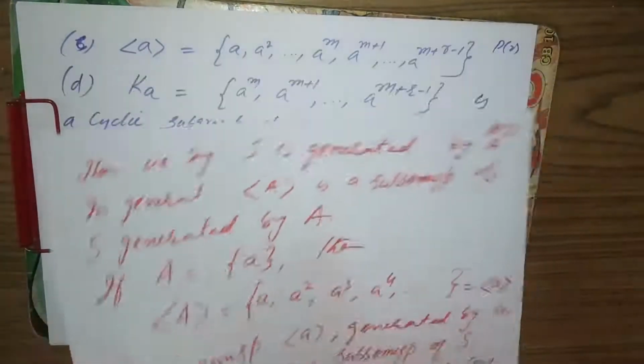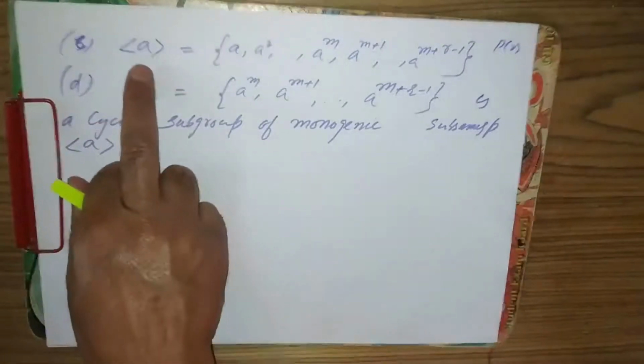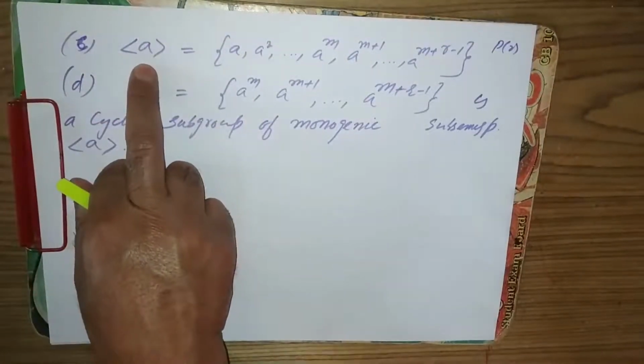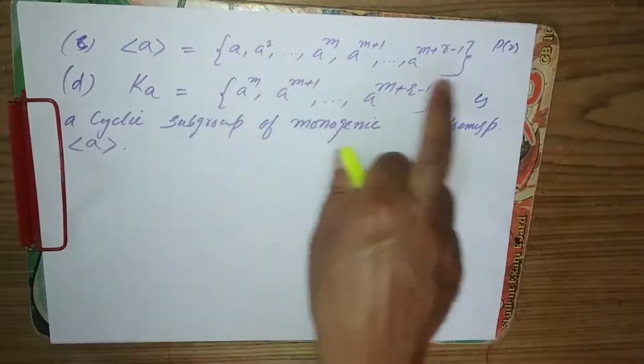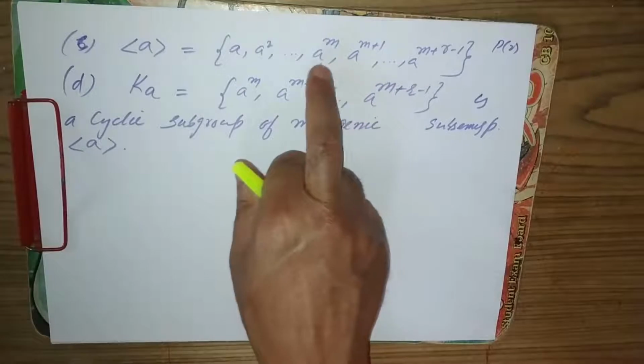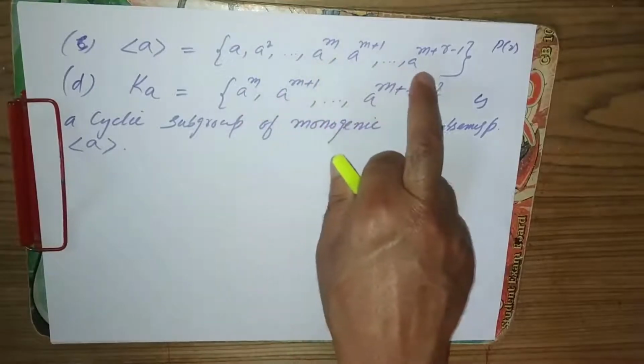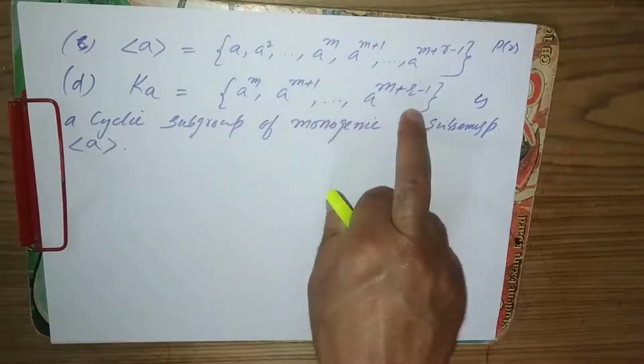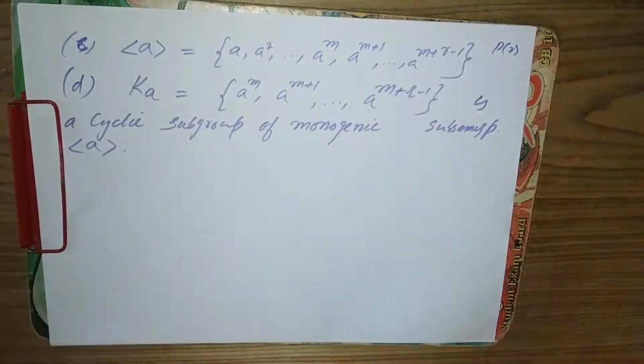And third property of the second case is this monogenic subsemigroup is equal to that set. And fourth, this set of a power m plus 1 up to a power m plus r minus 1 is a cyclic subgroup of this.